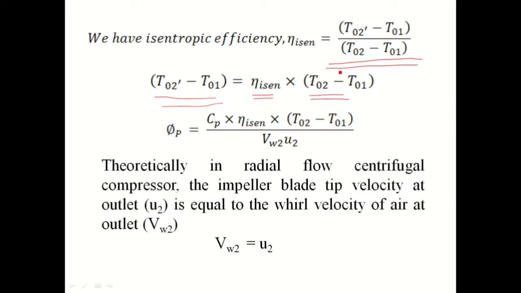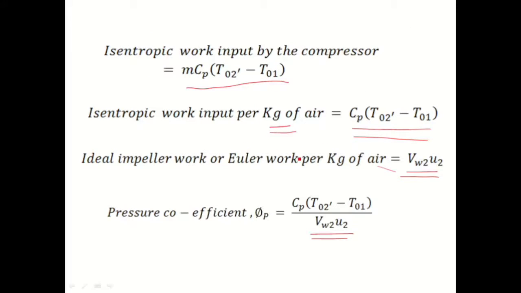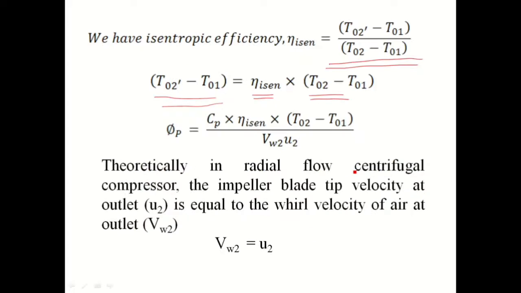Substituting for T02 dash minus T01, the equation becomes Cp into isentropic efficiency into T02 minus T01 divided by VW2 U2.